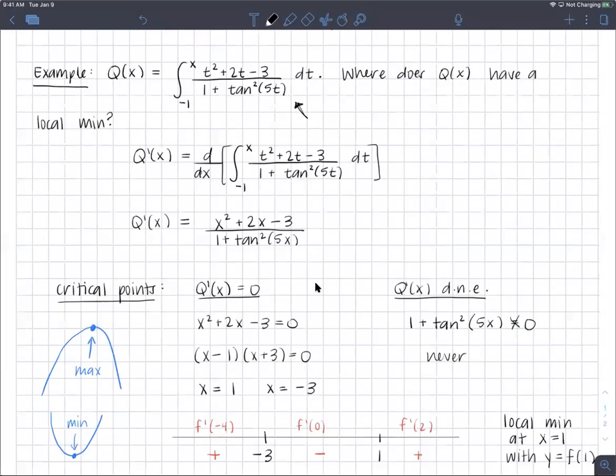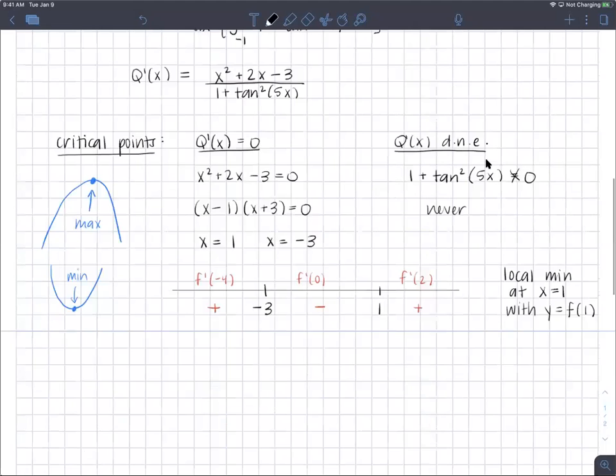You don't know how to plug, oh wait, no. Yeah, you can't do that yet, because we haven't learned the second part of the fundamental theorem of calculus, but we're going to right now. And so here you wouldn't be able to say what this is just yet, but that's how you would get it. So does anybody have any questions about local mins or maxes like this, or about the first part of the fundamental theorem of calculus?